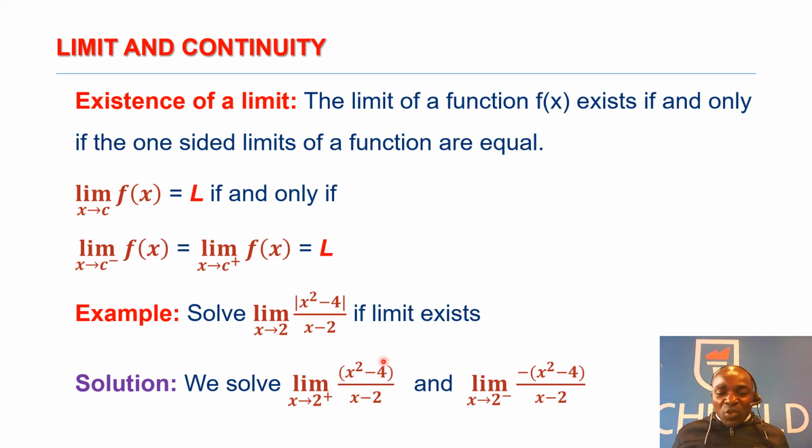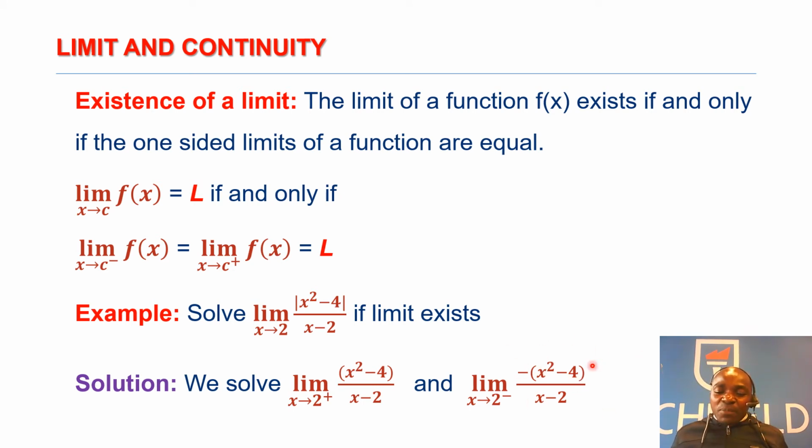We'll say the limit of the same expression, x squared minus 4 divided by x minus 2, approaching from the positive side, which is 2 to the power plus, and the approach from the negative side, where 2 to the power negative simply means x approaching 2 from the left side.